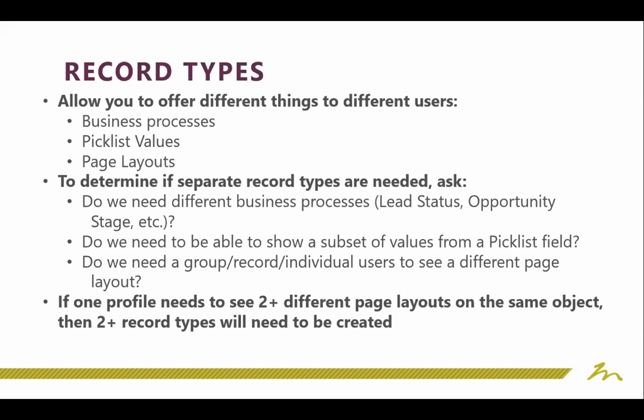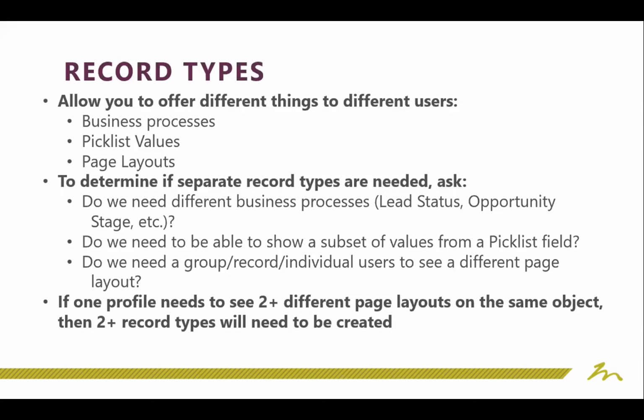Do we need to be able to show a subset of values from a pick list field? So do you need to show different pick lists on different records? And do we need group records or individual users to see different page layouts within that? If you answer yes to those, then create a new record type. If your answer is no, you can create a page layout and just guide the user experience that way.